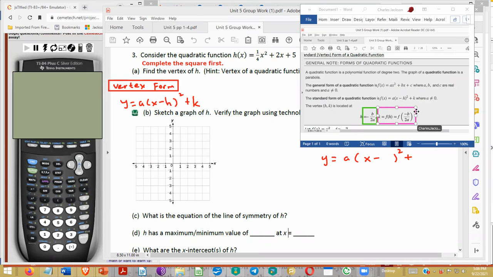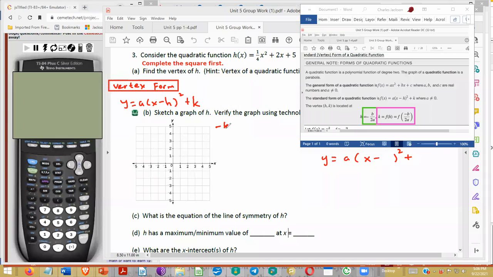Completing the square is quite challenging as a method, but I believe this method is easier than adding and subtracting the square of b over 2. Unless, of course, that's the way you learned it first, then that way's easier. But anyway, minus b over 2a.